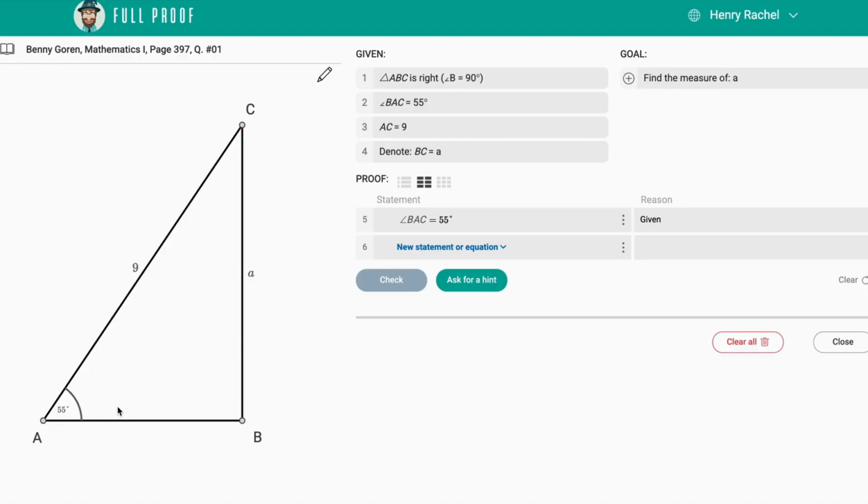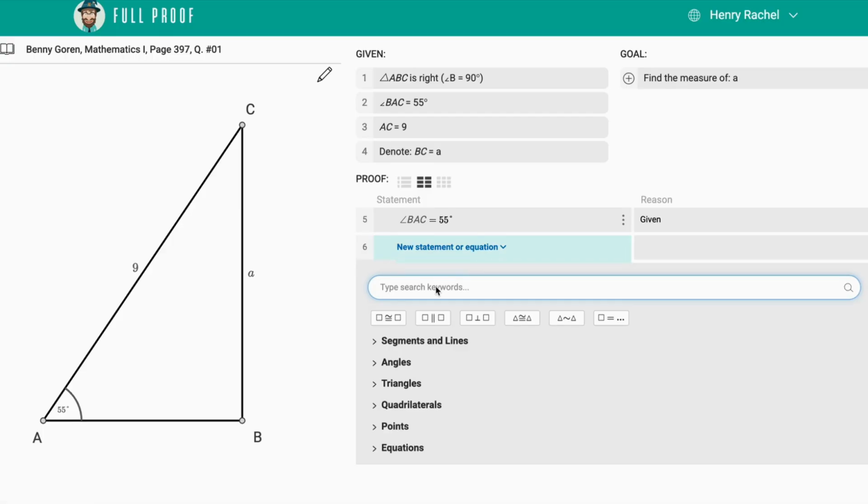So let's go ahead and look at angle A down here. We're going to go to the side opposite angle A. That takes us to BC, and then the hypotenuse is this segment over here, AC. So let's go ahead and write that in our statement.